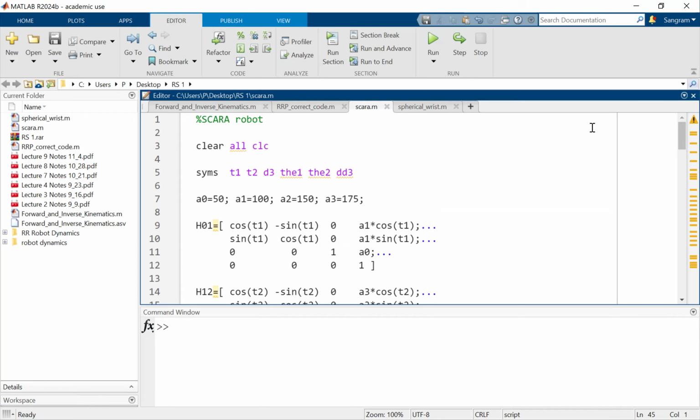The values for the SCARA robot: A0 is equal to 50, A1 is equal to 100, A2 is equal to 150. Homogeneous transformation. This homogeneous transformation is the same homogeneous transformation that I derived, and the nomenclature is also the same. H23 is the same as what I derived a minute ago.